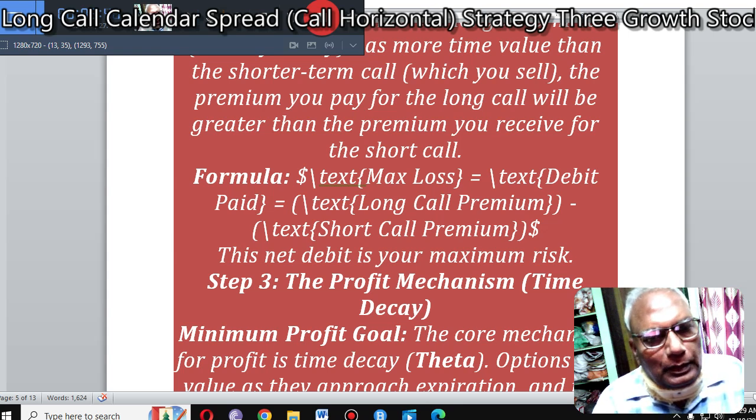Formula: maximum loss = debit paid = long call premium minus short call premium. This net debit is your maximum risk.